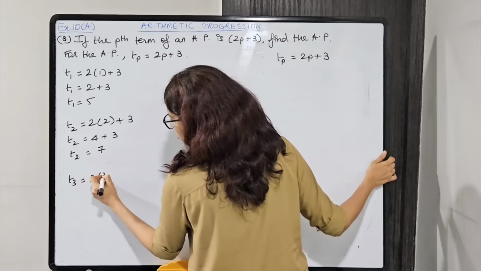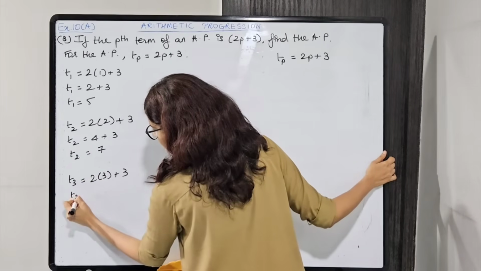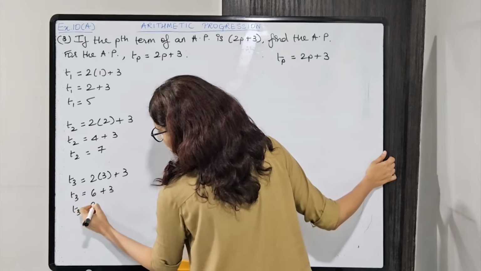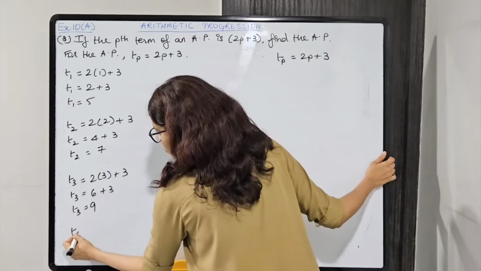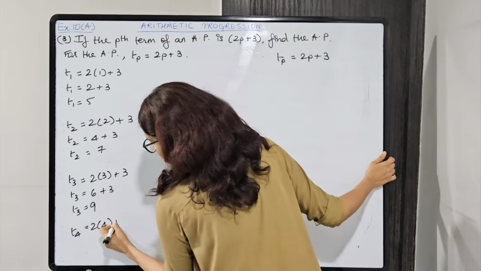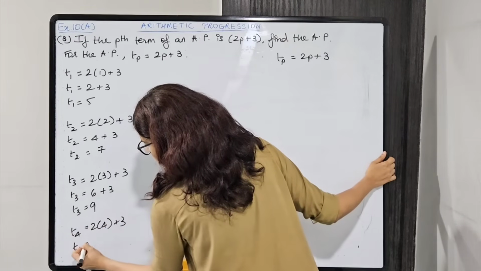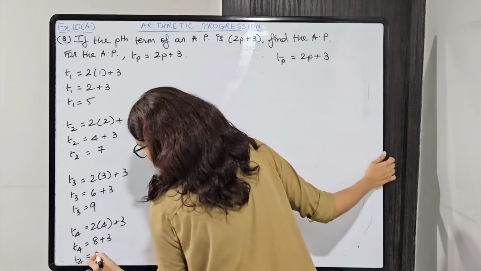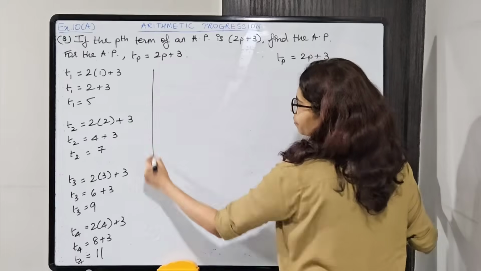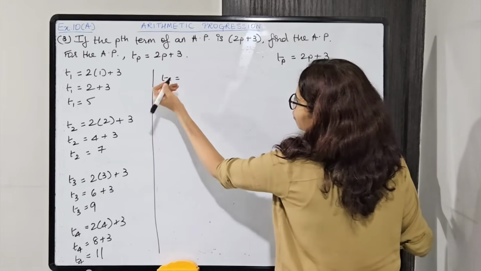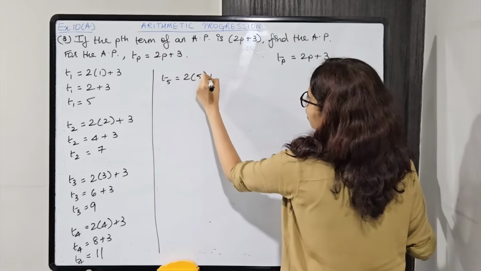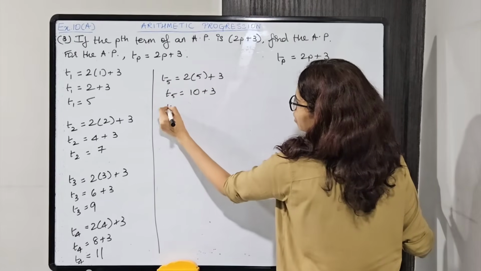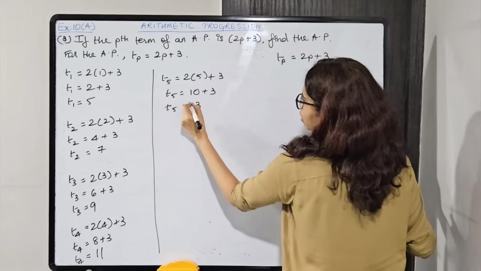T3 is 2 into 3 plus 3, which is 6 plus 3, which is 9. T4 is 2 into 4 plus 3, that will give 8 plus 3, that will be 11. T5 will be 2 into 5 plus 3, that is 10 plus 3, ये हो जाएगा 13.